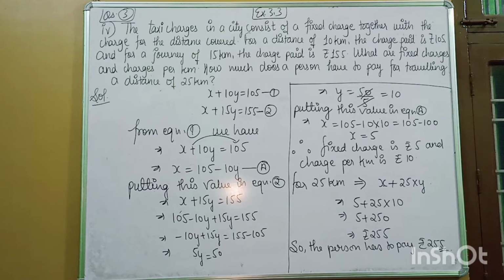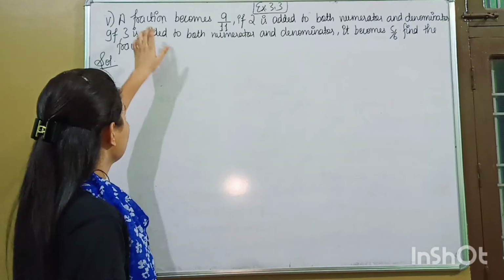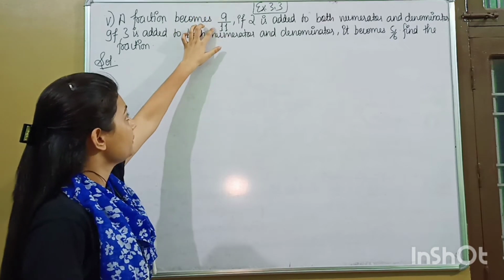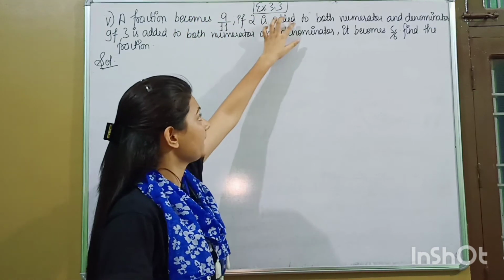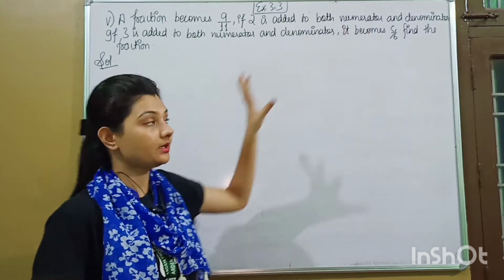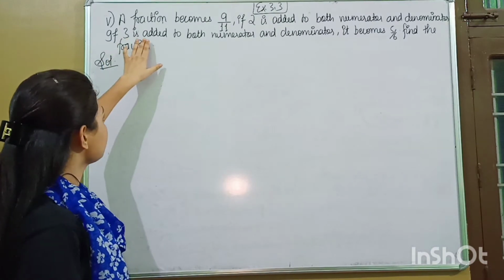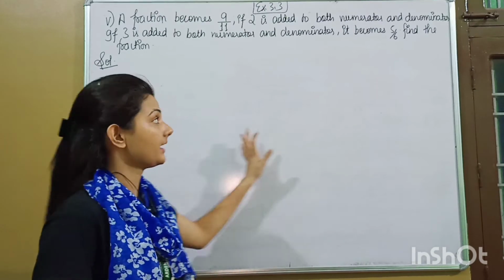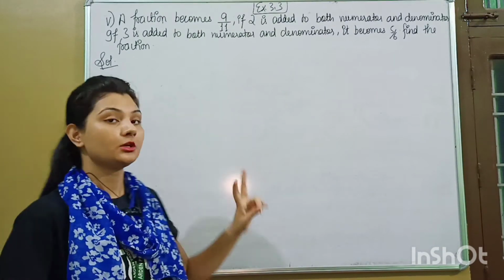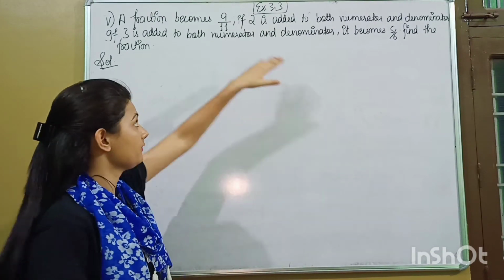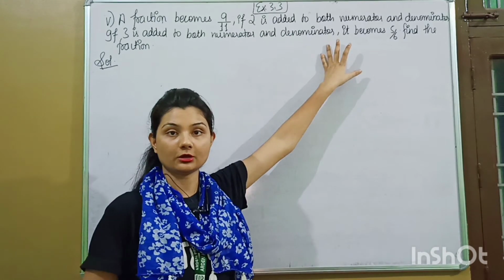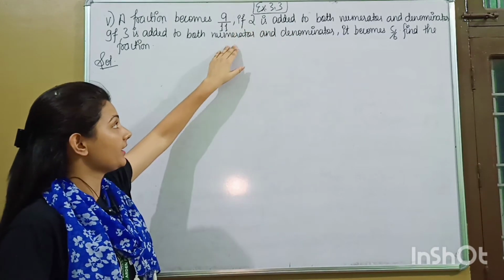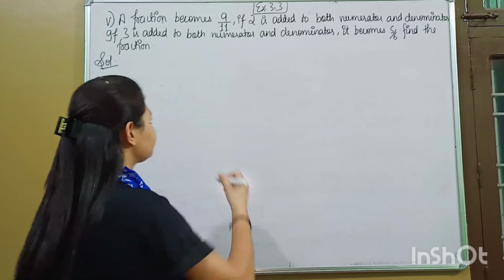The fifth part is: a fraction becomes 9 upon 11 if 2 is added to both numerator and denominator. If 3 is added to both numerator and denominator, it becomes 5 by 6, and we have to find the fraction. So two things are here. First is the numerator and second is the denominator. So we will assume one as x and one as y.